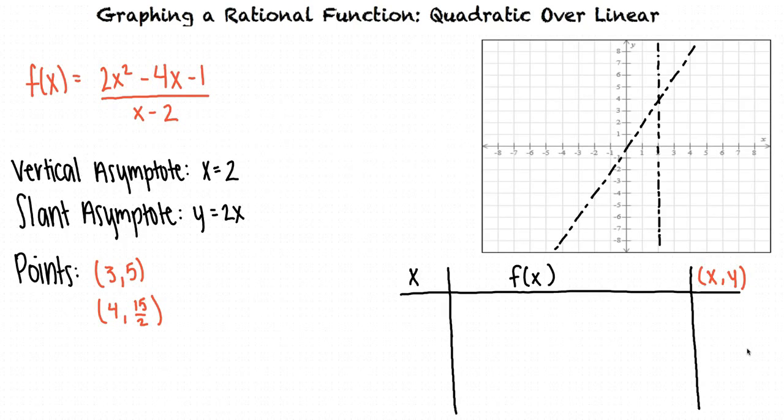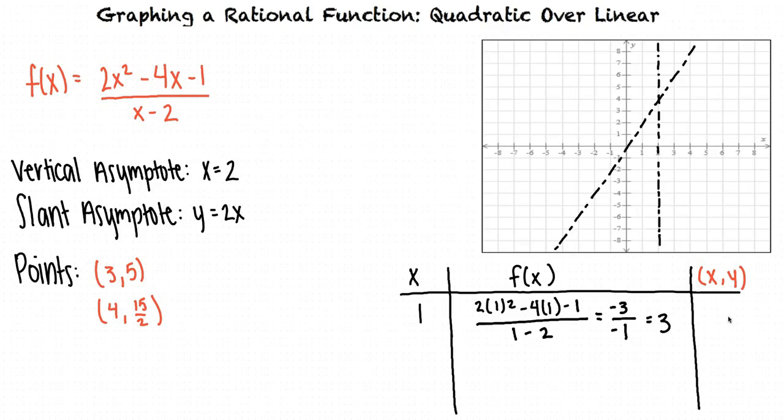1 and 0 are x-coordinates to the left of our vertical asymptote, so we'll continue by finding their corresponding y-coordinates. When we plug 1 into the function, we get -3 in the numerator, and 1 minus 2 is -1, so we get -1 in the denominator, and this simplifies to 3.